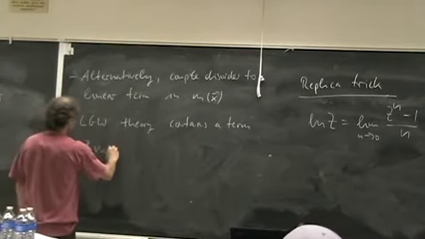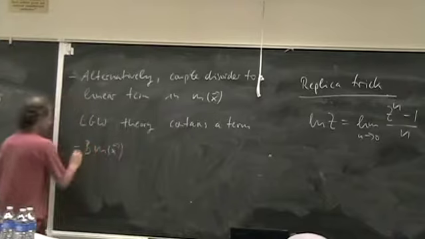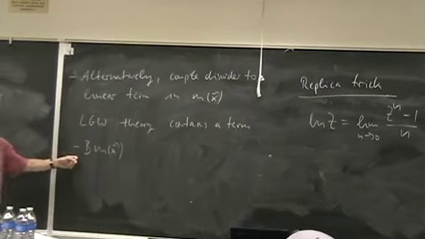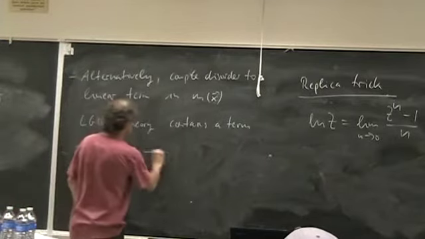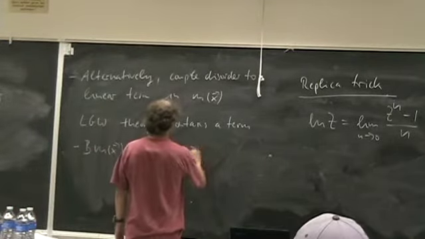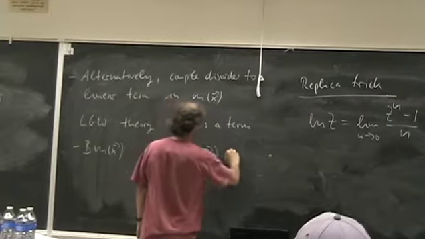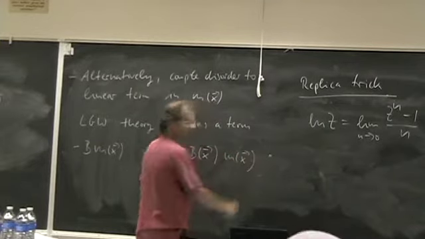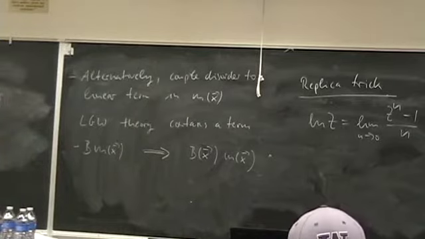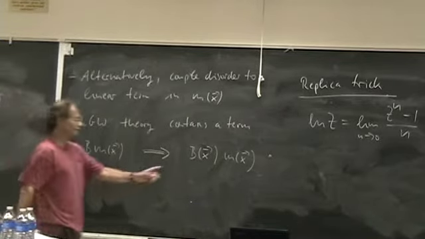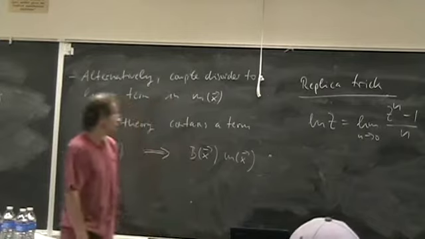The b times m of x, which was the field term in the clean theory we wrote down yesterday, now goes to b of x times m of x. Yeah, this is a random function, right? So now you have randomness coupling linearly to the order parameter.